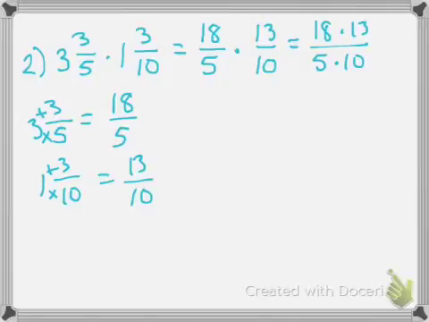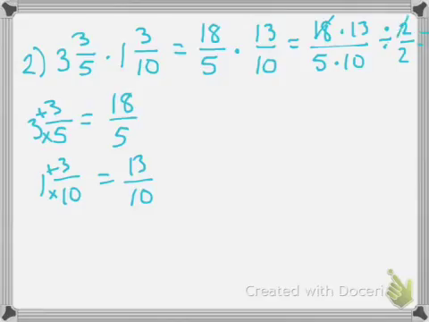The only numbers I see that could be divided out with common factors are 18 and 10. And the common factor that I know they have that I could divide out is 2 over 2. Okay? Now that means 18 divided by 2 is 9, while 10 divided by 2 is 5.